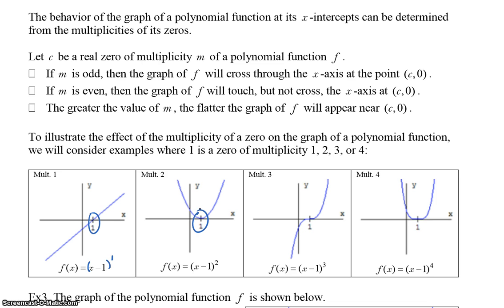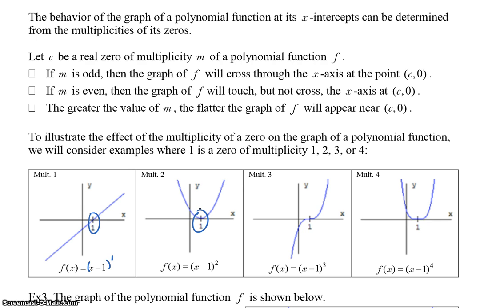Now let's move to multiplicity 3. The illustration here is f(x) equals (x minus 1) cubed. This is a cubic polynomial, a translation of the graph of x cubed 1 unit to the right. And you can see that at x equals 1 we have an x-intercept. With odd multiplicity, we're back to the graph crossing through the x-axis as it goes through the x-intercept. It crosses through.